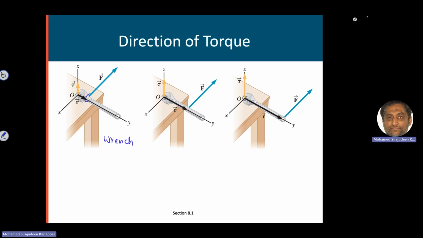If you take your hand and put it like that, is it a good idea? R is very small, so the torque will be small, though it's the same force. Say you apply 100 Newton and 100 Newton. What is the best way to turn? To apply it as far away from the rotation axis as possible, and the turning effectiveness will be greater. So it's very clear. It's a nice application of what we learned.